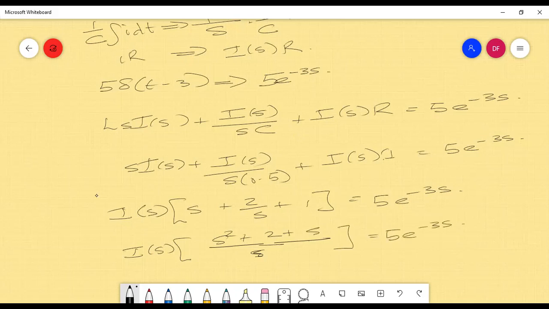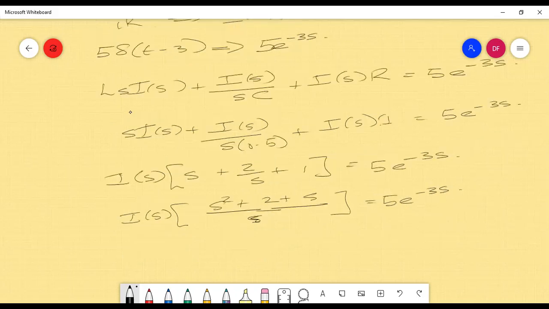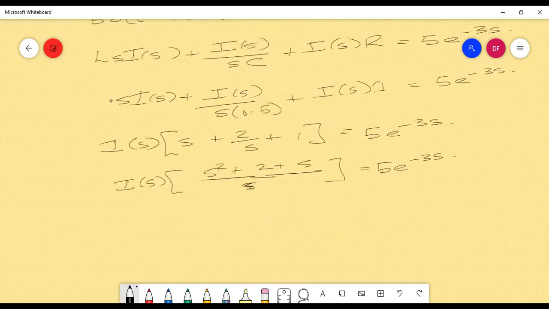All right, so we can find the current. IS is going to be equal to, carry this over here, that's 5 e to the minus 3s over S squared plus S plus 2.